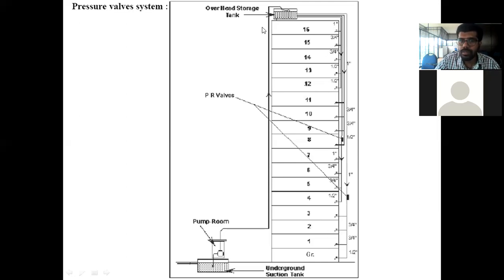So when you try to give water to the bottom floor, it comes at a very high pressure. So you can give a pressure reducing valve here. If you give a pressure reducing valve here, what happens? Again, this much height is there, right? From here to here, if you give this pressure reducing valve at the top of the 16th floor, what happens?